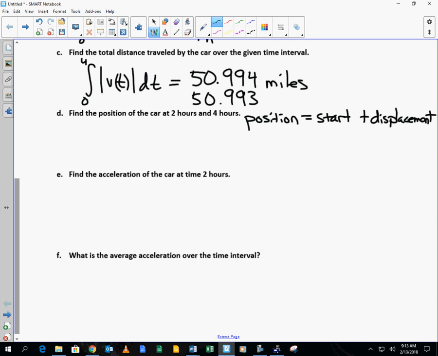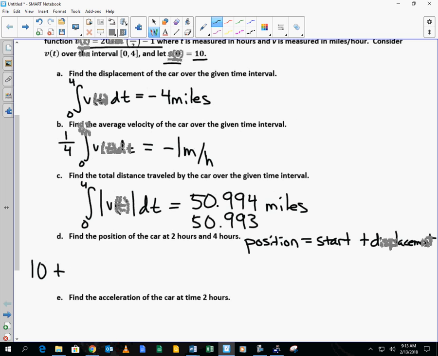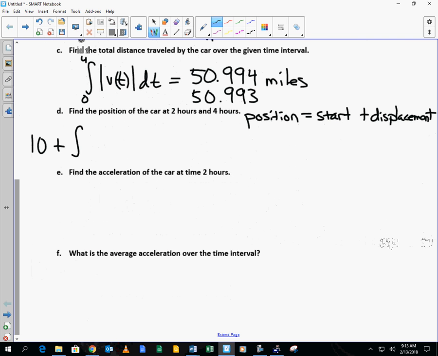So we'll do 2 of these. Just find the position of the car at 2 hours. So we would take its position, which is 10, and add to that its displacement after 2 hours. Because at time 0, we're at a position of 10. So I go an integral from 0 to 2 of v of t dt. And that will give me the position of the car after 2 hours.